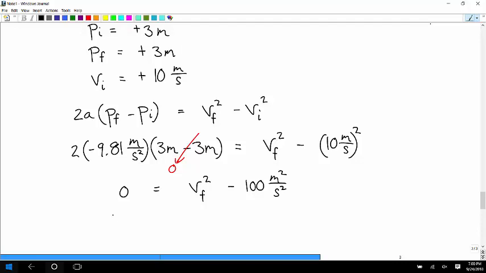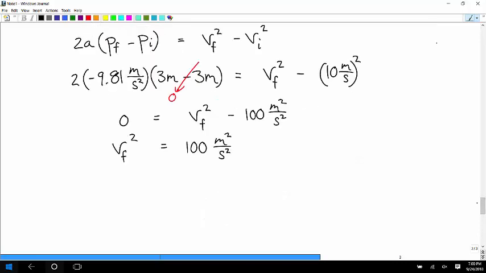And in other words, VF squared is equal to 100 meters squared per second squared. So VF is equal to, and I'm going to leave a little space here, it's equal to 10 meters per second. What goes in that space? There's something important missing here.